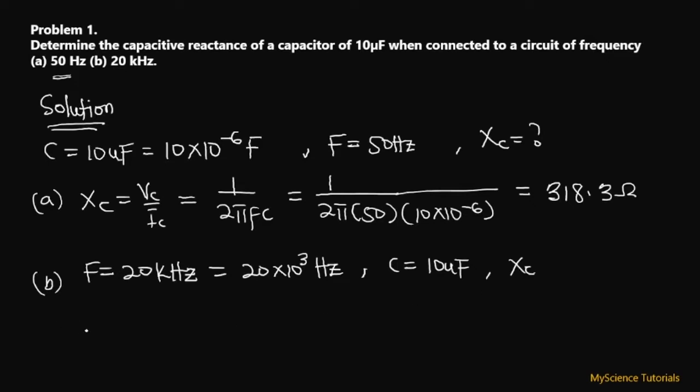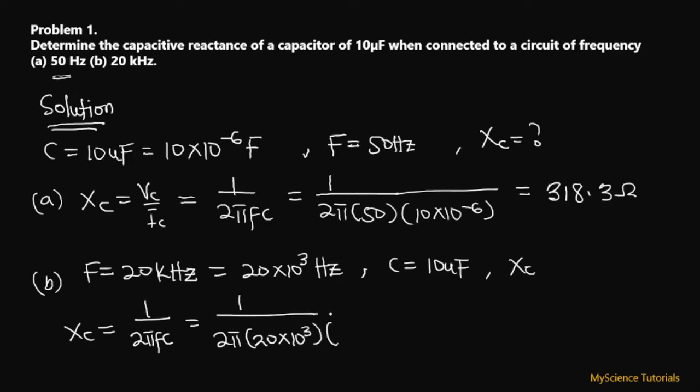So this is also pretty easy, pretty straightforward. We know XC, or the capacitive reactance, is equal to the ratio of 1 over 2 pi FC. So we do the necessary substitutions. We're going to have 2 pi, our frequency in this case is going to be 20 times 10 raised to the power positive 3, then multiplied by our capacitance, 10 times 10 raised to the power negative 6.